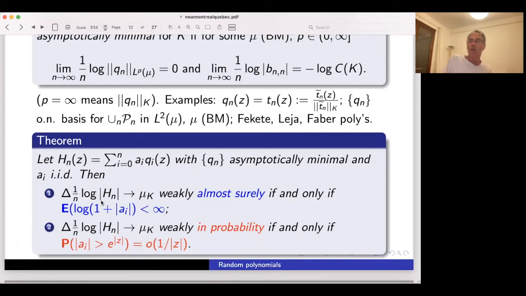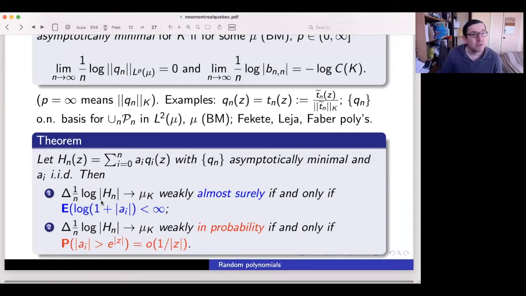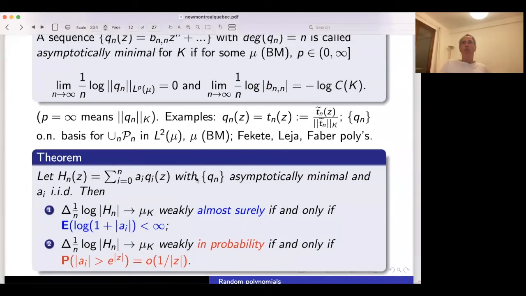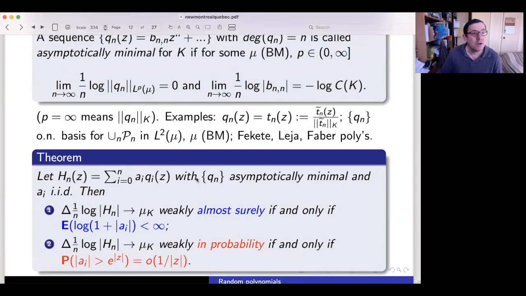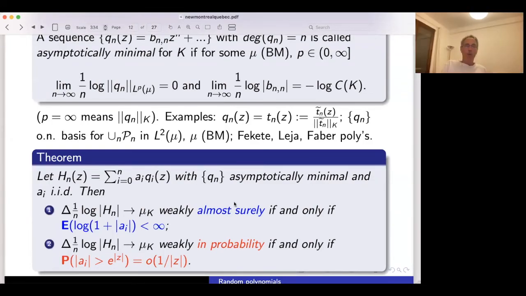Steve, maybe you can, or Tom Bloom, if you're there, you could help me here. Beyond almost sure and in probability, I don't know what else, or other results with respect to the coefficients. You look at a real variable, how much more complicated things become. When you say real variable, are you talking about real zeros? Yeah, and also the a_j are real valued. These a_j could also be complex, more generally.